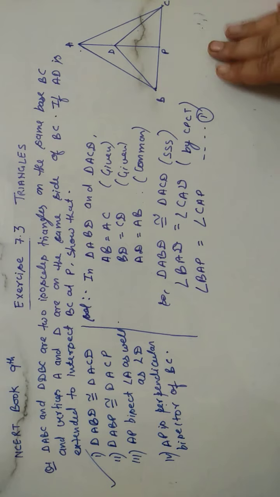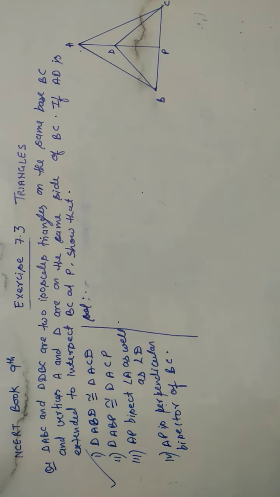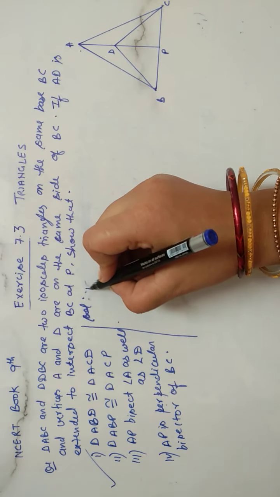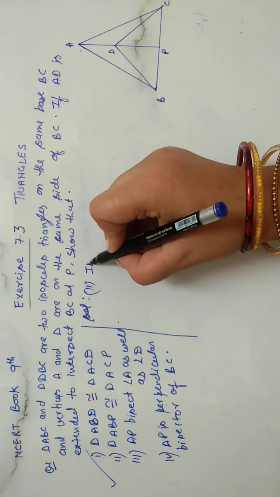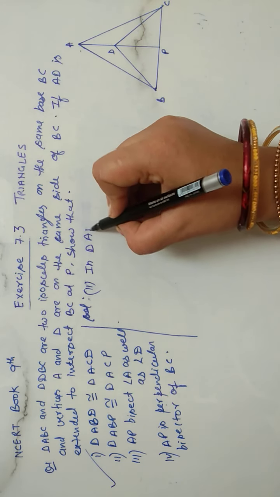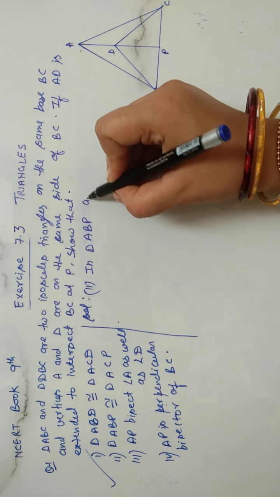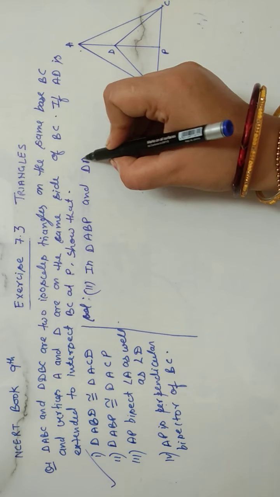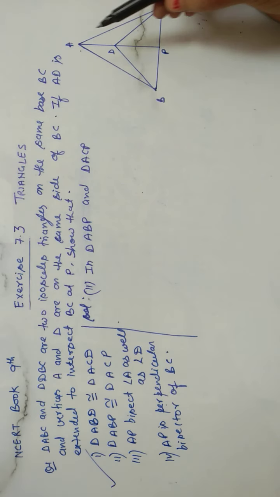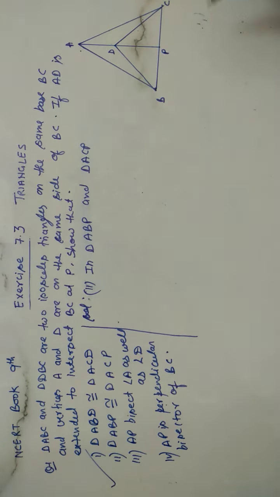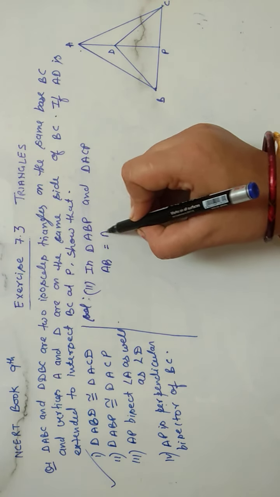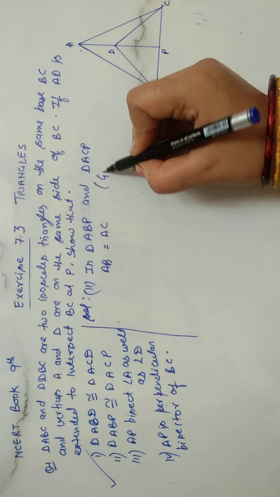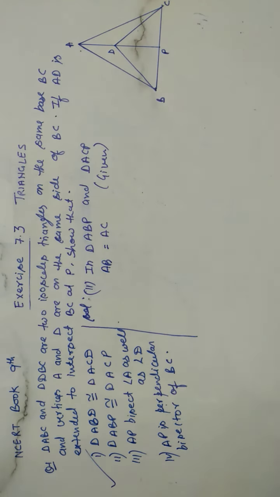Now we will prove our second point. For proving the second, we take triangle ABP and triangle ACP. In these two triangles, AB equals AC, which is given to us.